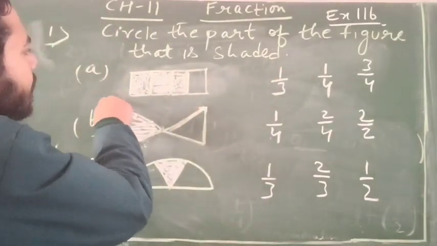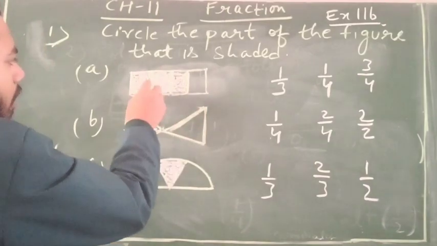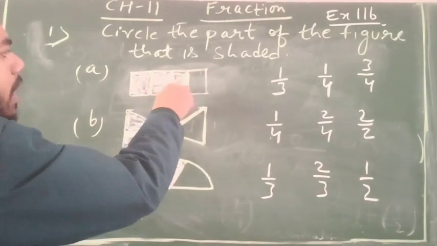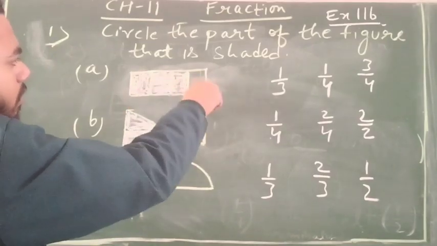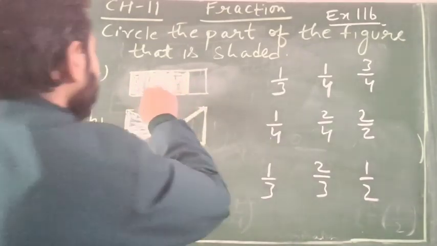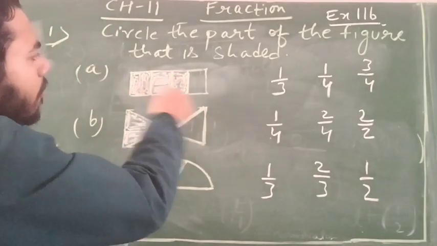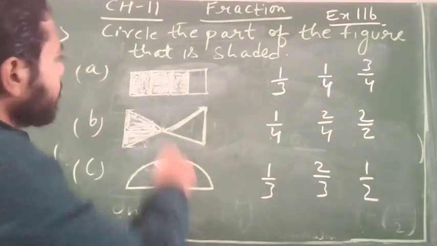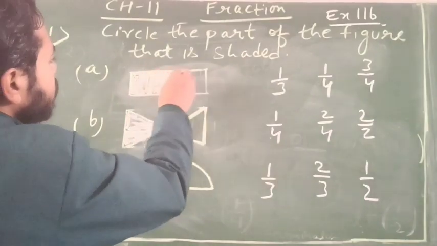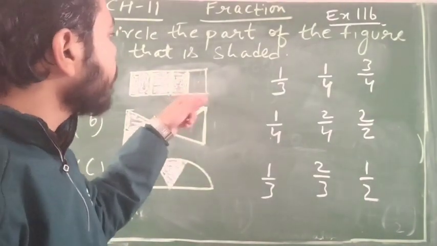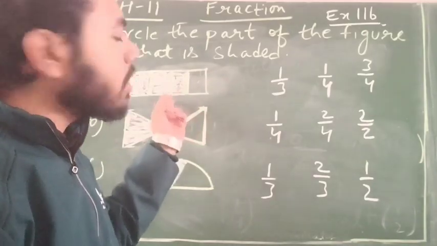In question A, there is a figure in which three boxes are filled. Suppose that is a rectangle in which these three boxes are filled. So 1, 2, 3, 4. Out of 4 boxes, 3 boxes are colored.